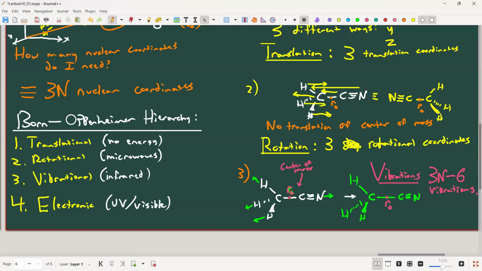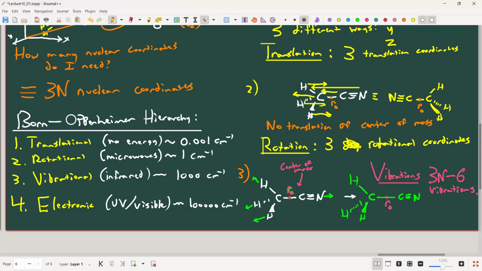In terms of energy scale, this is on the order of about a thousandth of a wave number. This is about a wave number in energy. This is about 1,000 wave numbers in energy. And these tend to be about 100,000 wave numbers in energy. So the Born-Oppenheimer approximation gives us this hierarchy, this Jacob's ladder of motion, that are all well separated by energy.